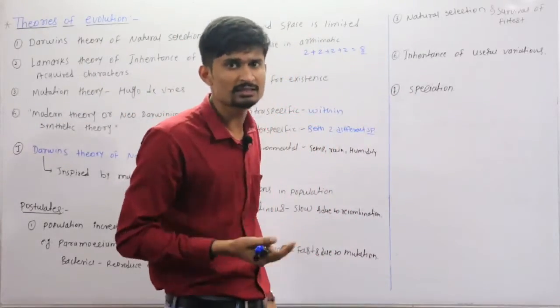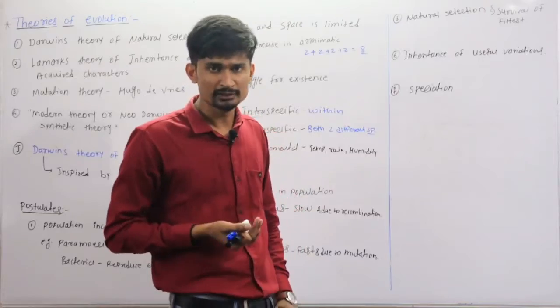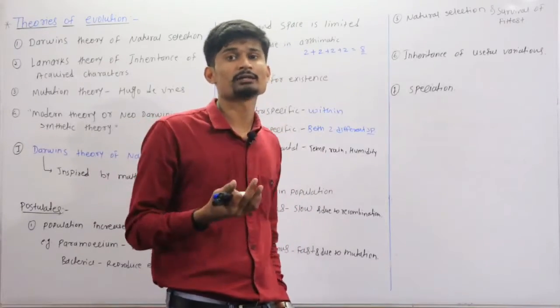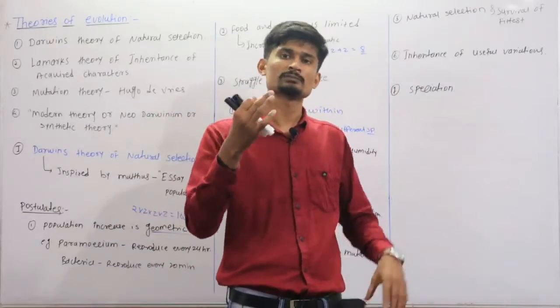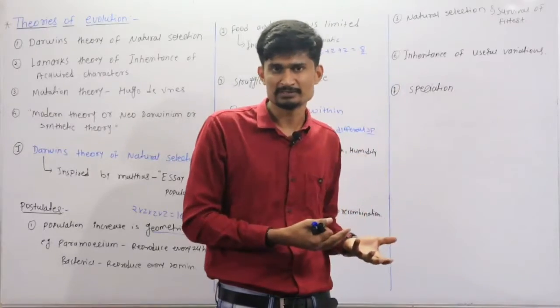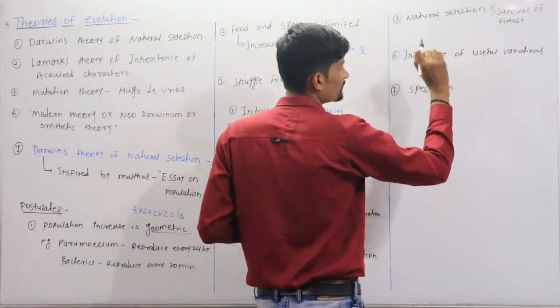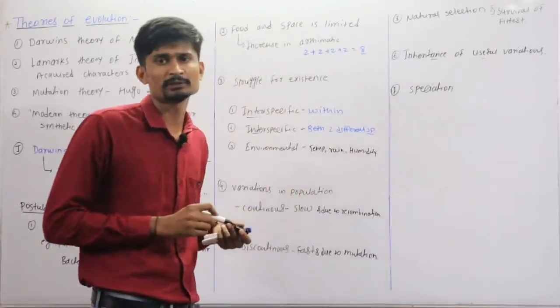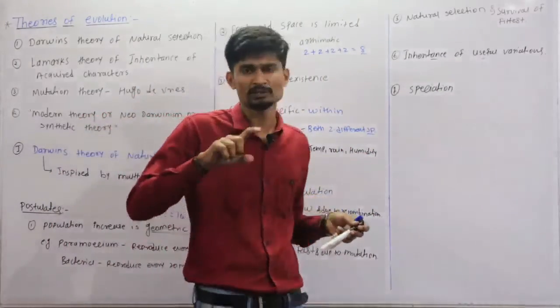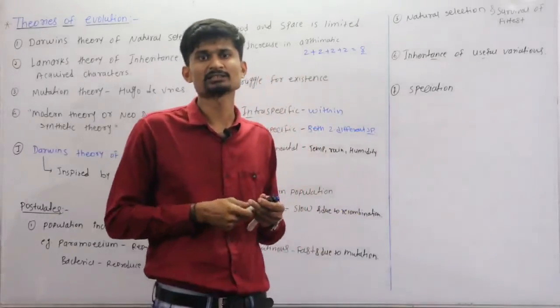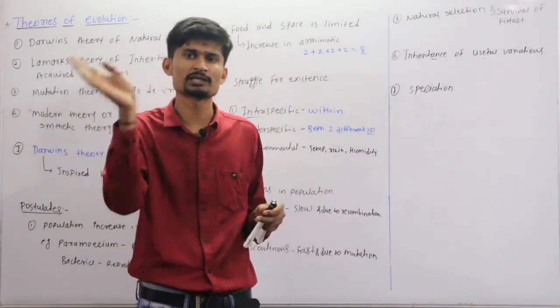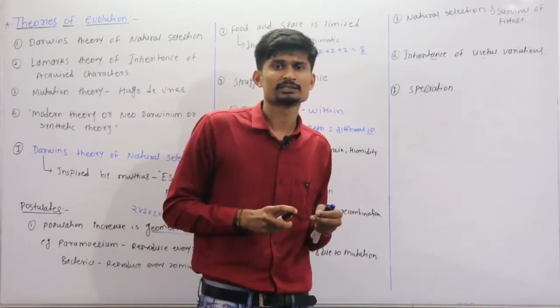And after the selection by nature, a new organism or new species evolves from the pre-existing species. Next one is inheritance of the useful variations. Then what happens next? There is inheritance of the useful variations. Inheritance means transfer of characters from one generation to the next generation.